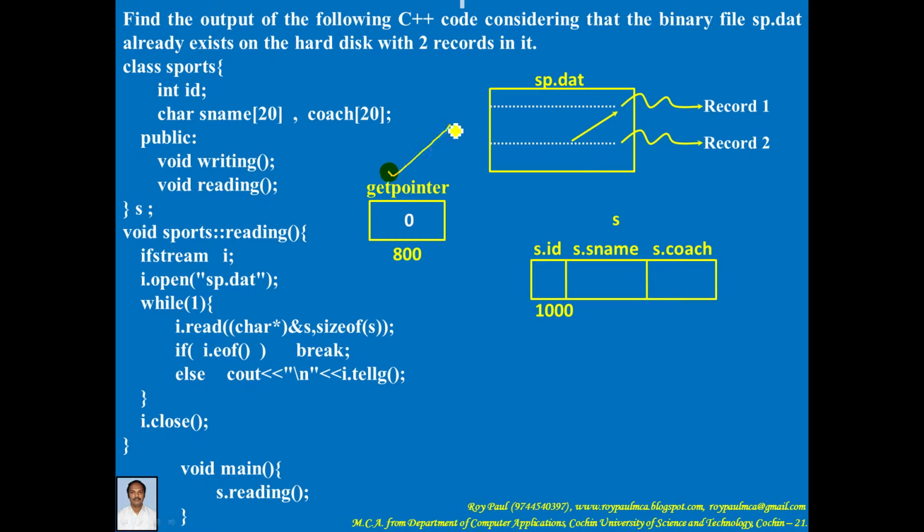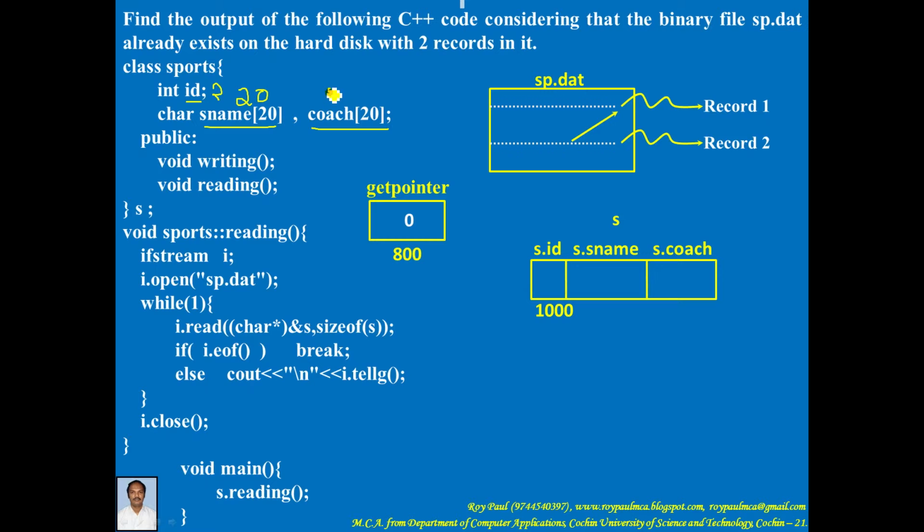Your get pointer contains the position of this file pointer from the beginning, which is the size of one record. And what is the size of one record? Integer, 2 bytes. Array of characters of size 20, so 20 bytes.